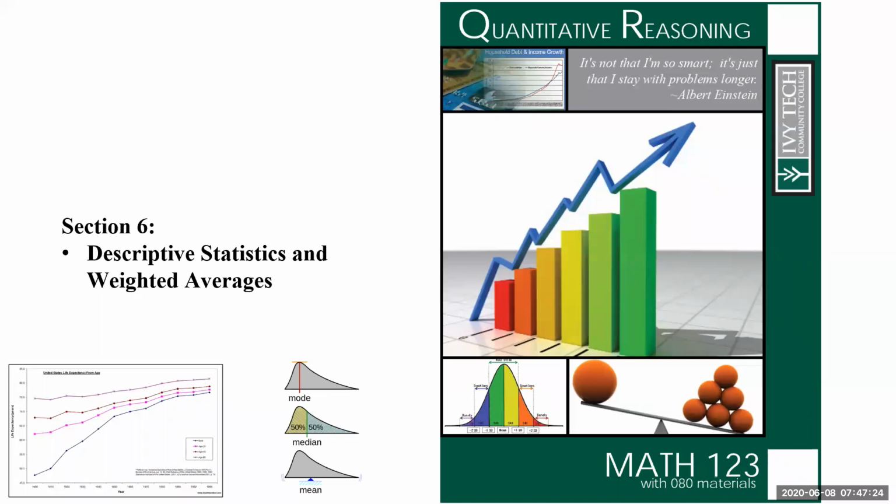In the first part, we're going to look at central tendency measures: the mean, median, mode, and range. Under weighted averages, we look at how you can find your GPA and other weighted average measures.